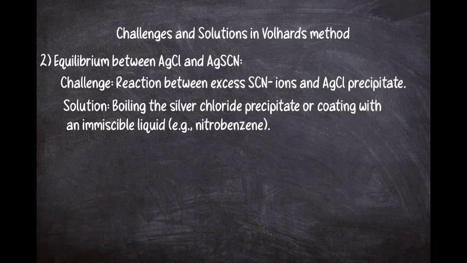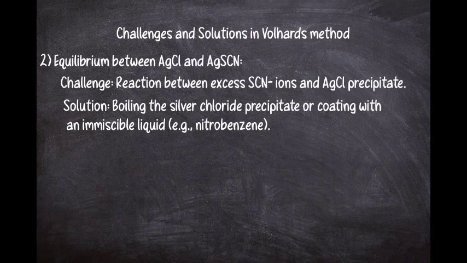These precautions are essential to ensure the accuracy and reliability of Volhard titration results. Overcoming these challenges is crucial for obtaining precise measurements in the determination of chloride ions. With these solutions in mind, let's move forward and explore more.